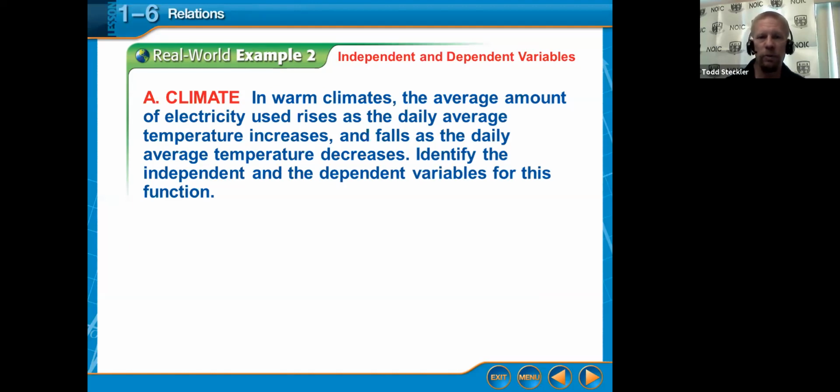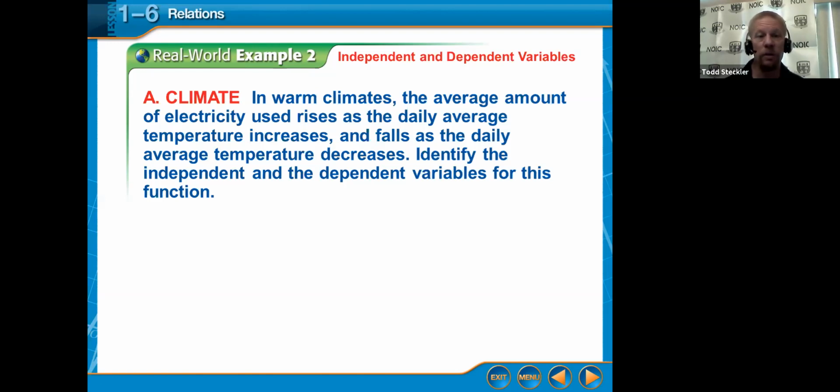When you talk about the two variables here, one variable is the average amount of electricity used, and the other variable is the average temperature. And the average temperature can't be controlled. It'd be nice if we could, as humans, control temperature, but we can't.